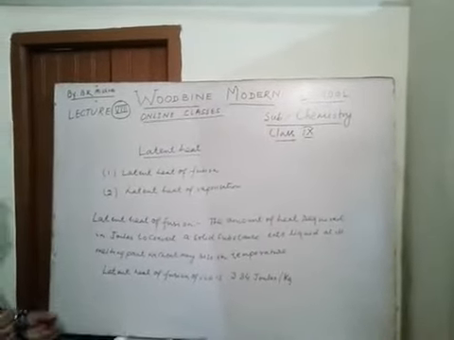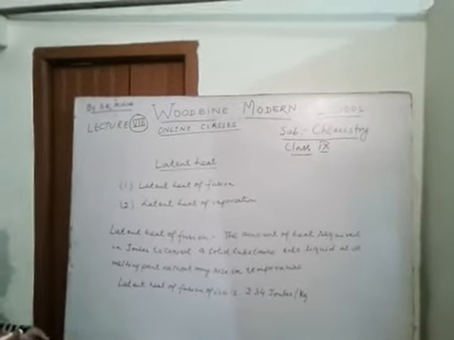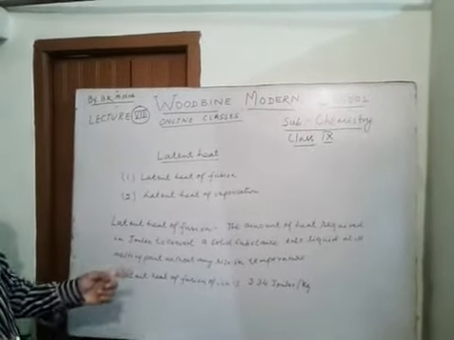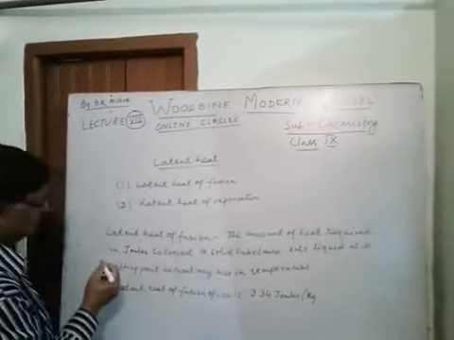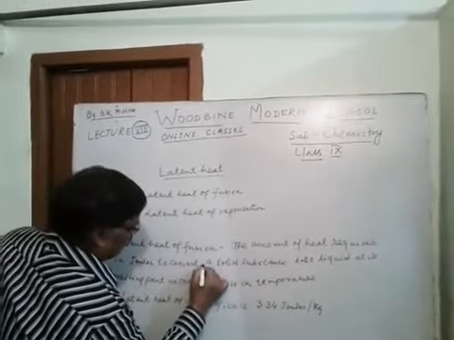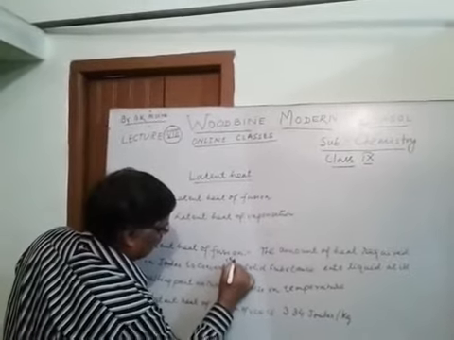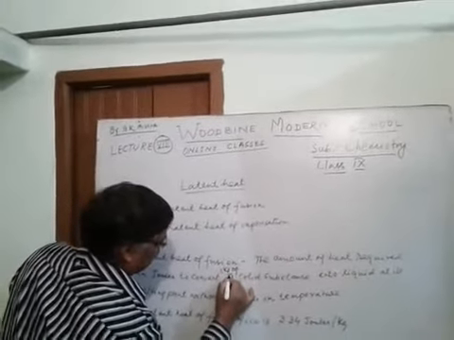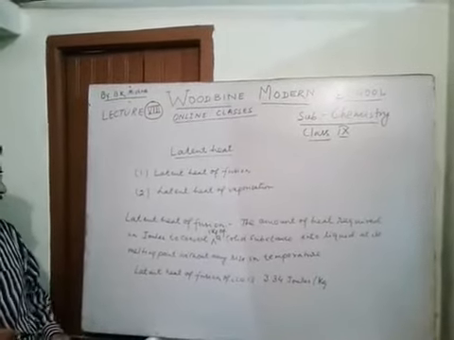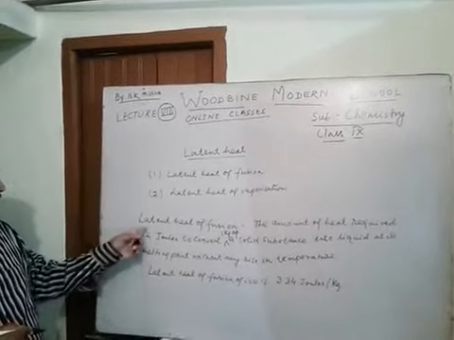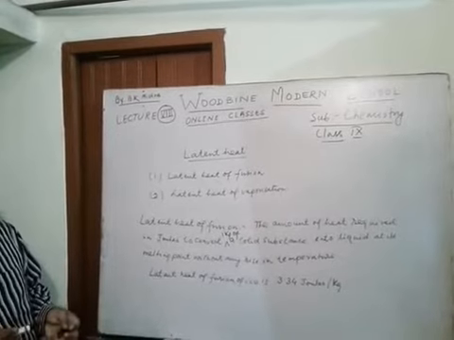This is the latent heat of fusion of ice. So we will correct it a little bit: the amount of heat required in joules to convert 1 kg of a solid substance into liquid at its melting point without any rise in temperature is known as latent heat of fusion.